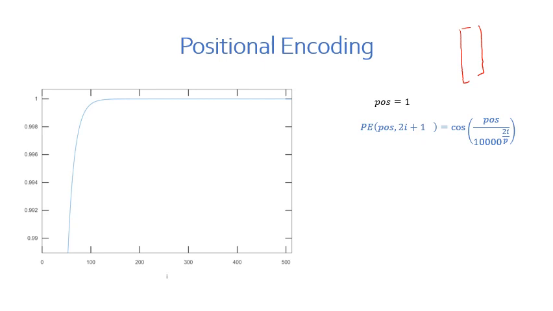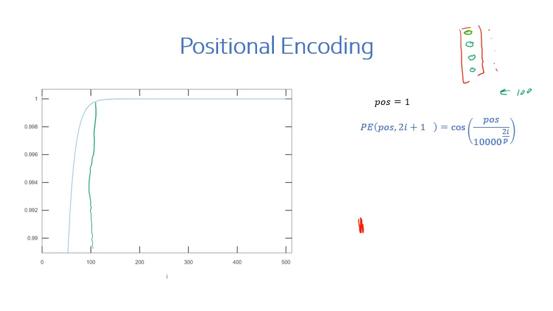For position 1, for the first word, these are the values which are going to be generated by the cosine function. The cosine function generates odd dimensions. Okay. So these are the values. That's what is in dimension 100.